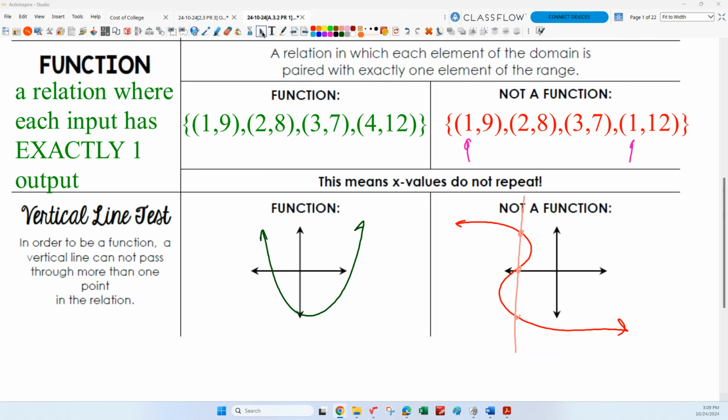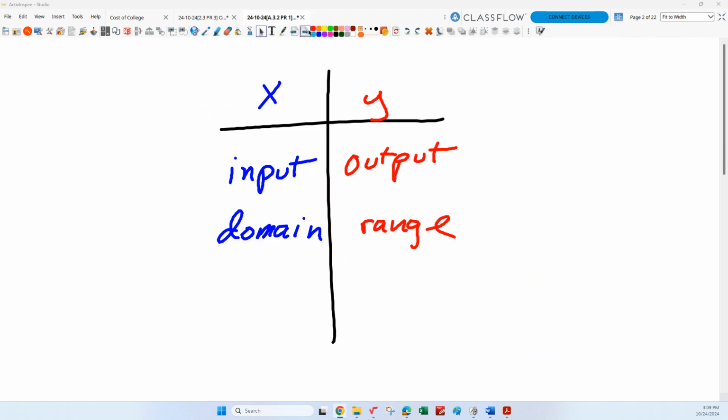Real quick, I'm going to give you a way to kind of keep some of this stuff straight. So everything in the left column means the same thing, essentially, right? Our inputs are normally X's, and the set of all inputs is the domain. Our outputs are normally Y's, and the set of all outputs is called the range, right? Now notice, here's a way to keep all these things straight. X's and Y's go together.